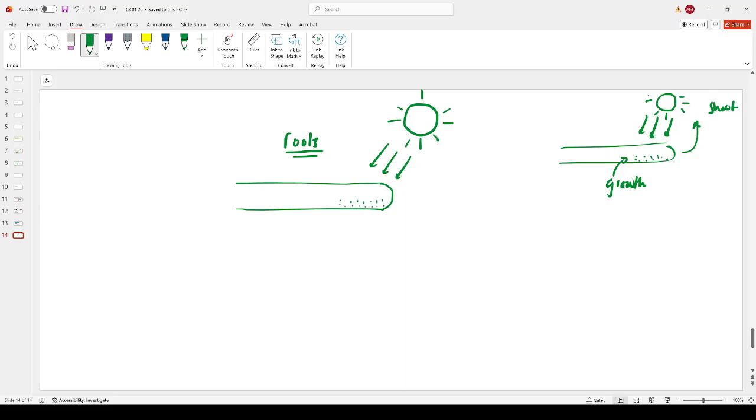And if they're on the lower side, where is the growth happening? A, B, C, or D? So the auxin is at CD, but the growth is at AB. The growth is at AB, so it'll grow down because here growth is inhibited. Okay.